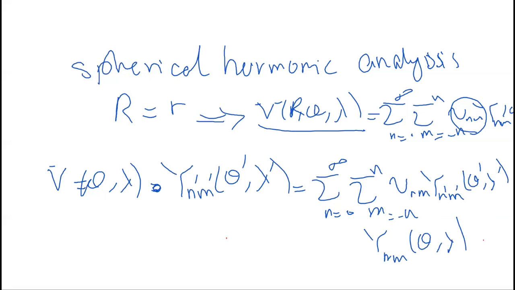So I did exactly the same thing that I did for the vector. I multiplied the base function to both sides.